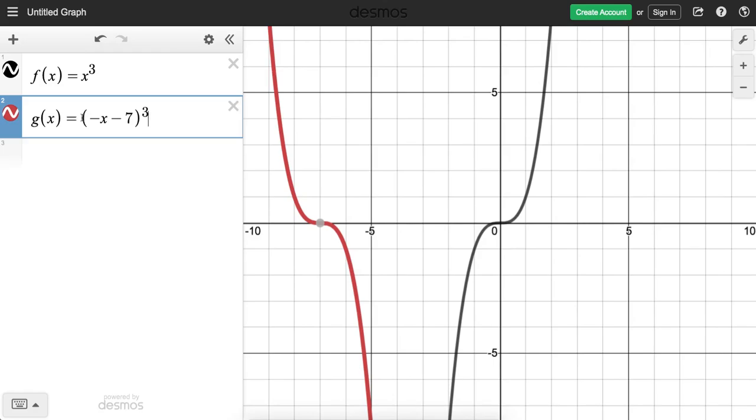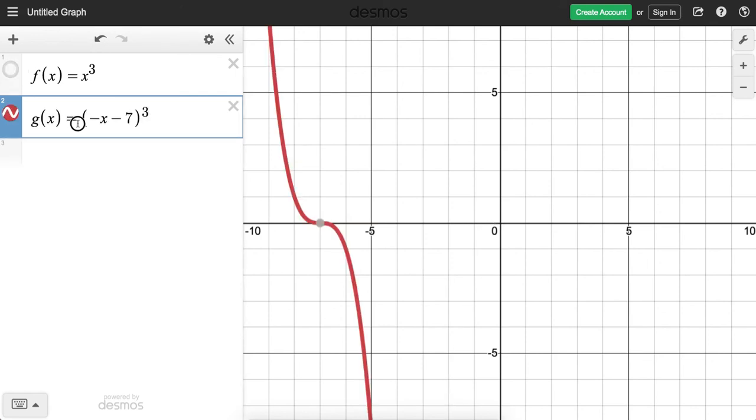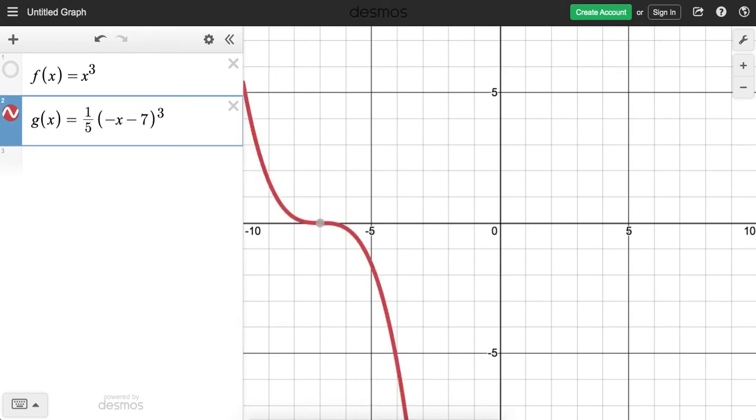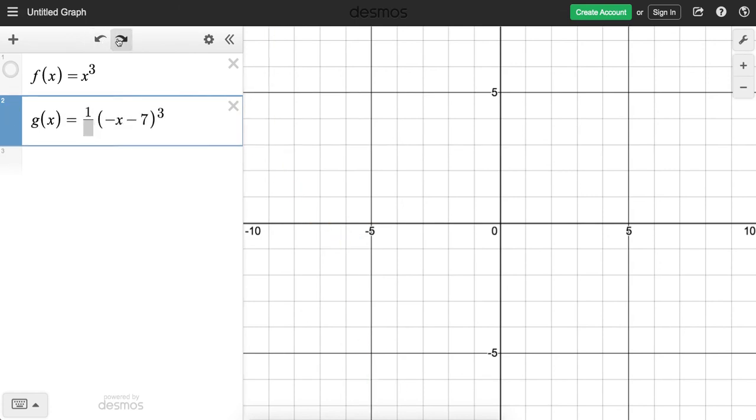So we have a 1/5 out in front. Looking at the red graph, let me hide the black graph for a moment. Put this out in front. But notice it pressed downward on it, and by pressing downward on it by a factor of 5, it kind of widened out the graph a little bit as well.